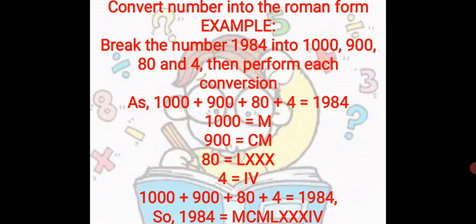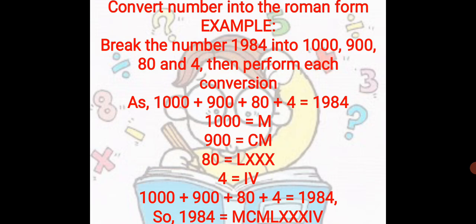Now children, to understand the Roman number system better, we will go through an example. Convert the number into the Roman form. What is the example question? Break the number 1984 into 1980 and 4, then perform the conversion.